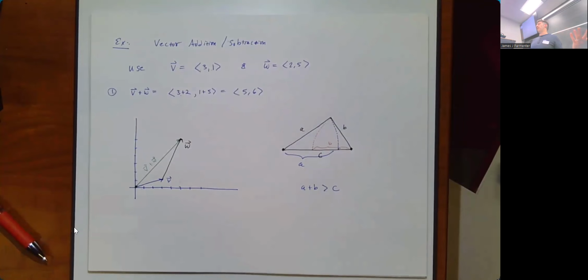Obviously, it makes sense. The only really thing you have to check is if the 2 shorter sides add up to being longer than the bigger side. So that's kind of what the triangle inequality is getting at.